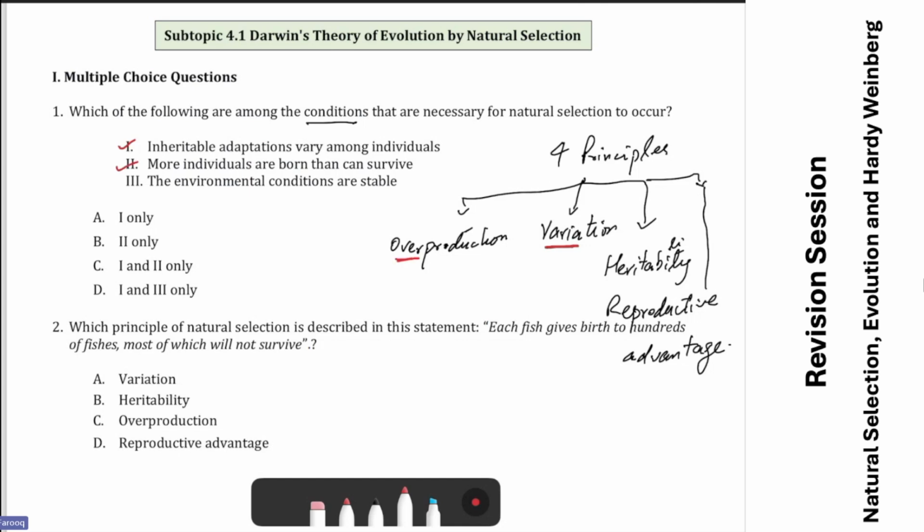Yes, that's required. And then the third one is the environment conditions are stable. We know that the environment conditions are not stable, so this is not required. Based on these 4, you can answer any kind of question, whatever they ask from you. So the answer is 1 and 2 only.